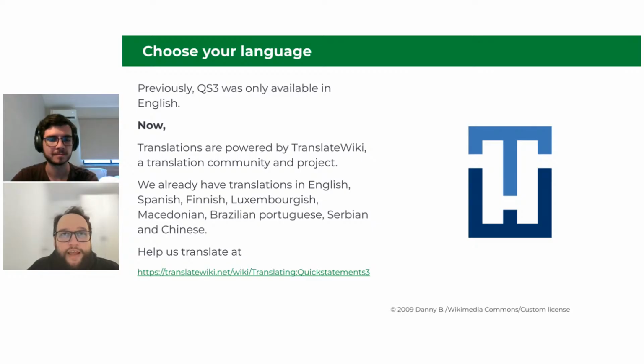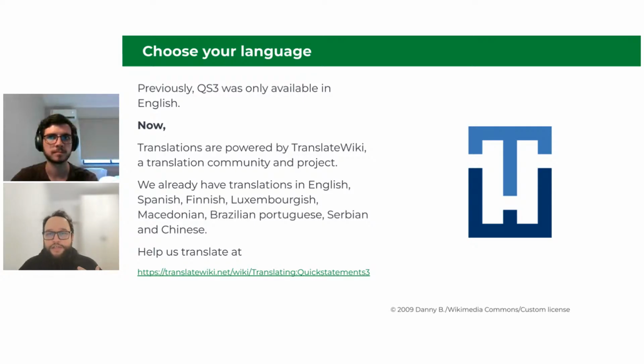The other part of language is the labels that are presented from Wikidata. So we presented the commands. You present your commands as QuickStatements, traditional commands: Q ID, P ID, value, which can be a Q ID as well.